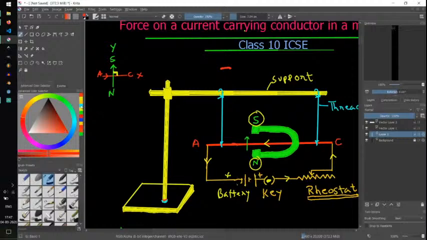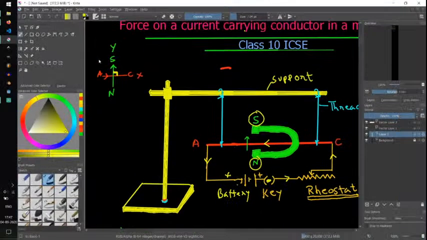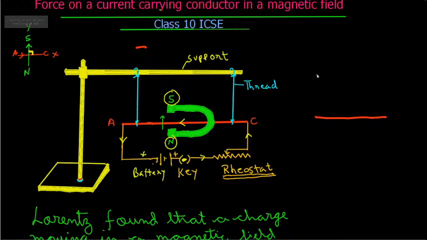Come on, what is happening today? Okay, this has got to be blue. Why is it becoming yellow? There it is. Okay, so now I have the thread which is tied to this and it was like this, and now I reverse the current direction.